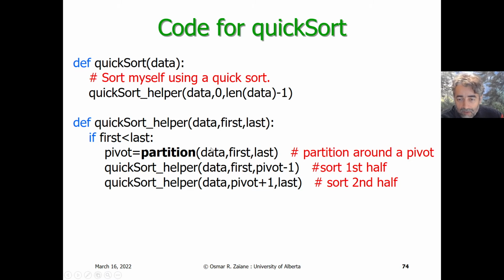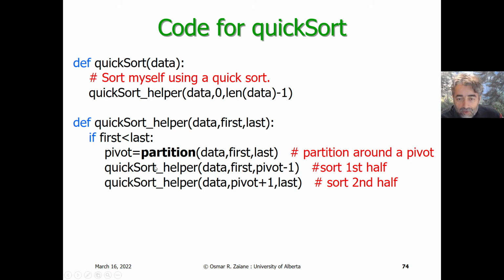Once I partition this, I get as output the position of the pivot. So I created two parts and the pivot in the middle. Each part has to be sorted by itself.